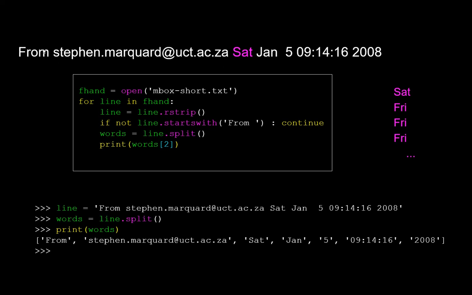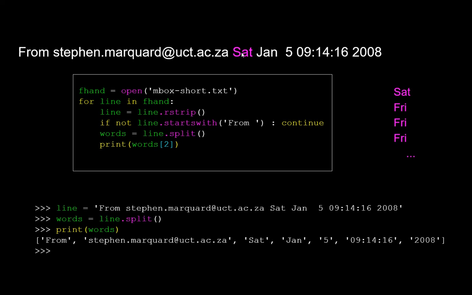When we split it, this is position 0, this is position 1, this is position 2, 3, 4, 5, and 6. So we split it and we take position 2.